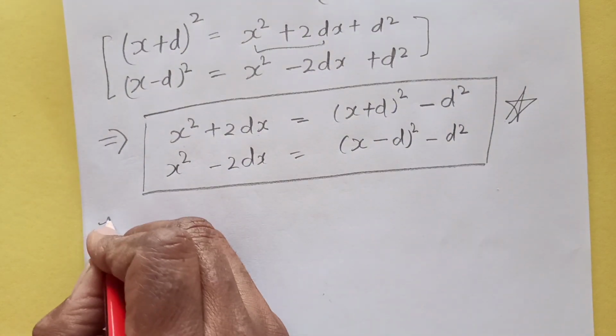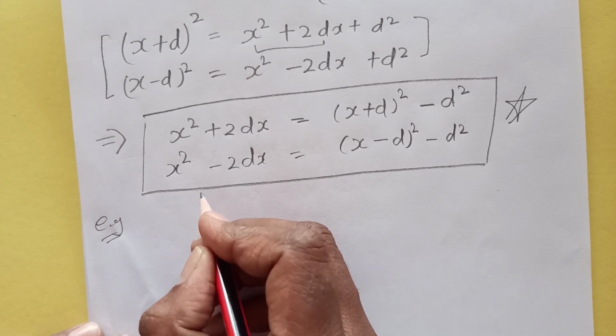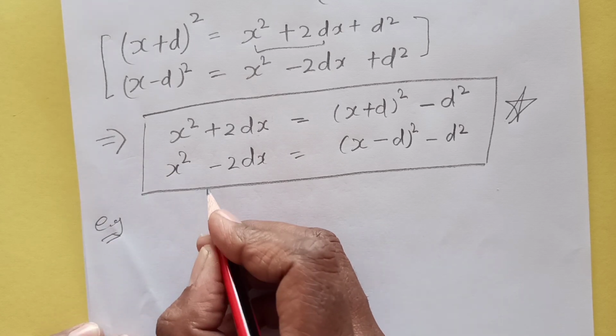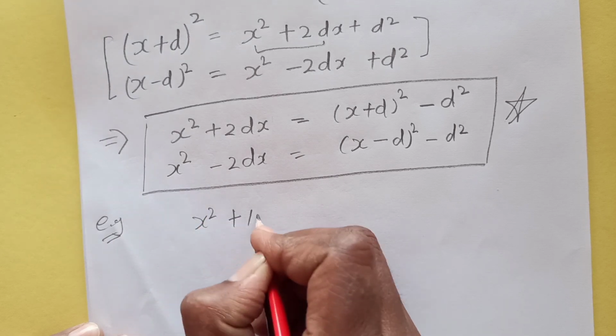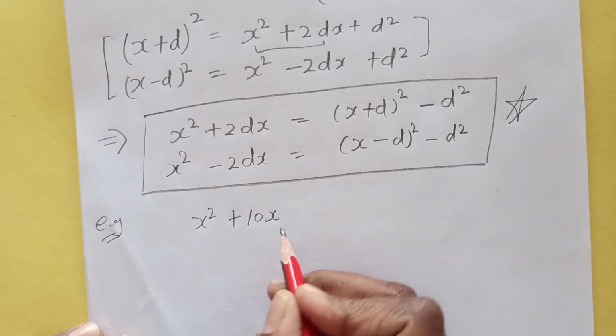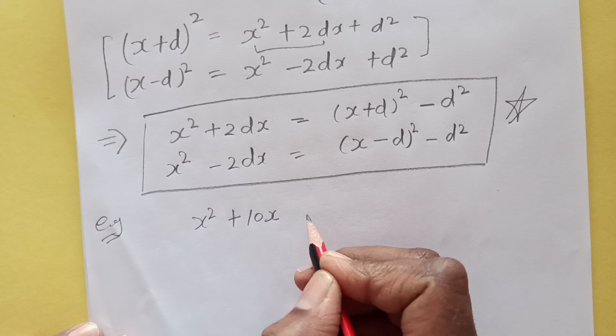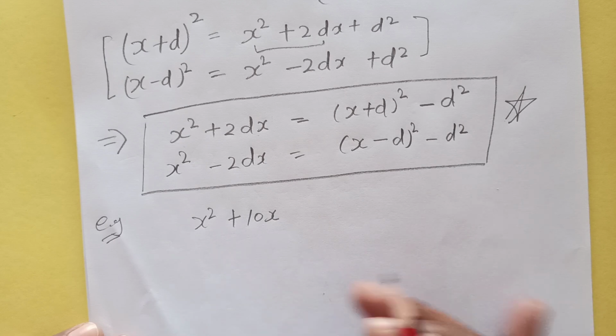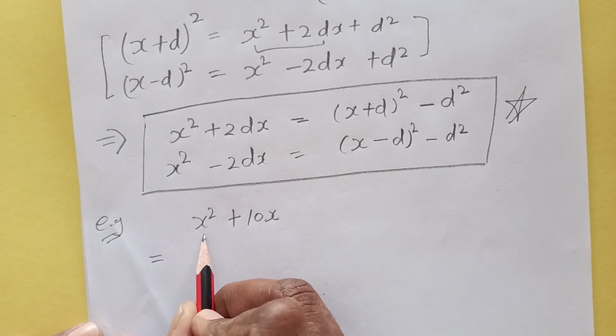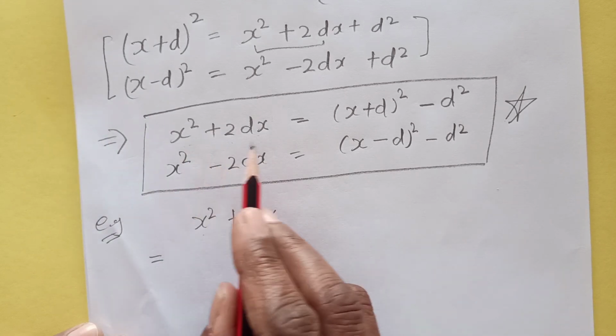So for example, let's complete the square of x squared plus 10x. This is a quadratic expression. We may have a constant term here, which I will take in the next example. So here we have x squared plus 2dx.